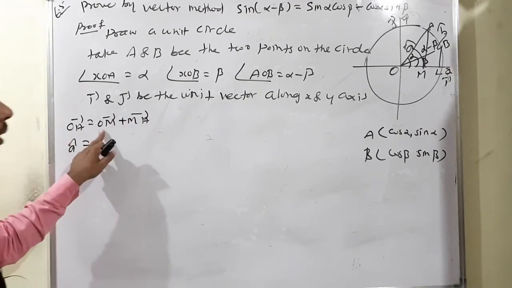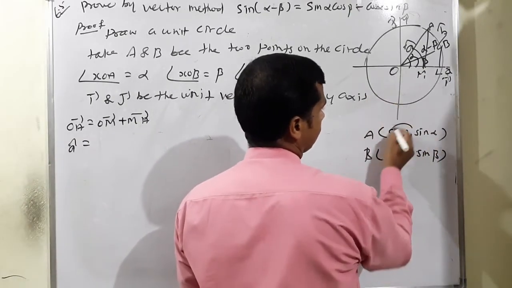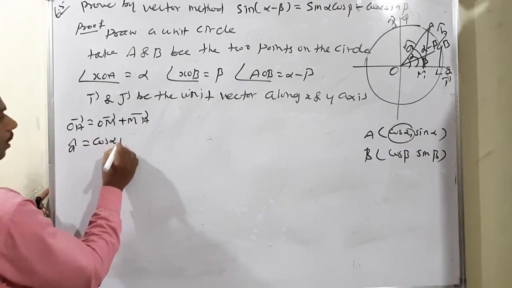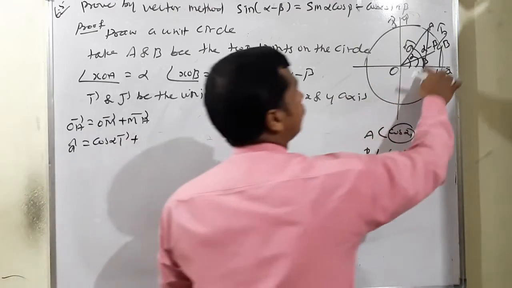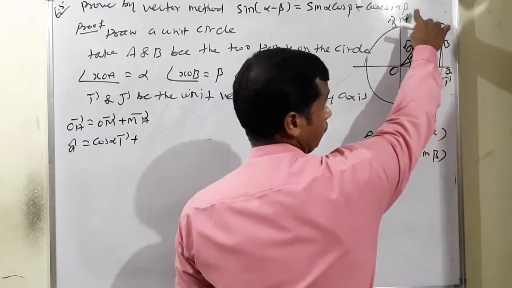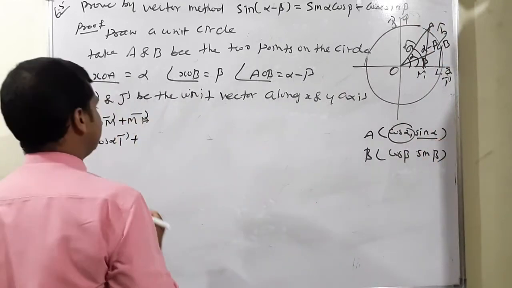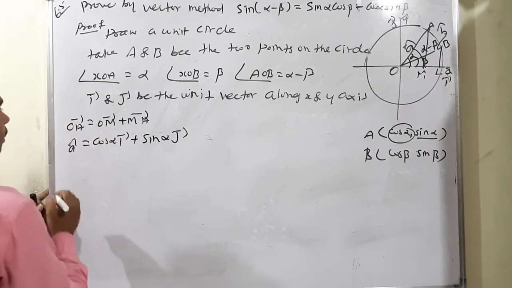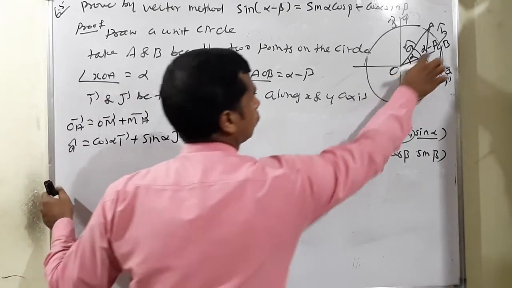So A cap is equal to OM, the x-axis component, cos alpha i vector, plus M to A. M to A is parallel to the y-axis, so it is sin alpha j vector. Then next condition, O to B.